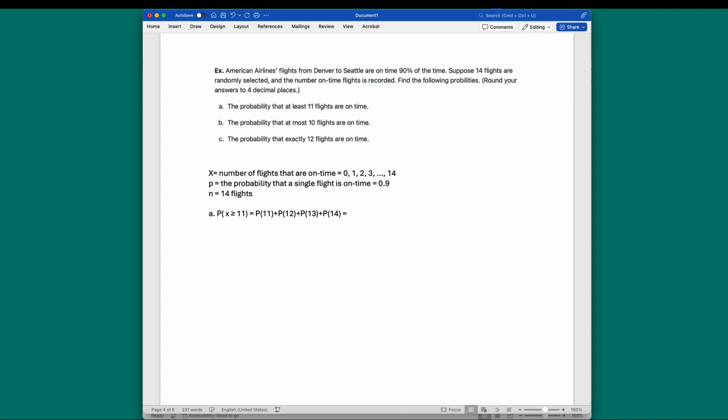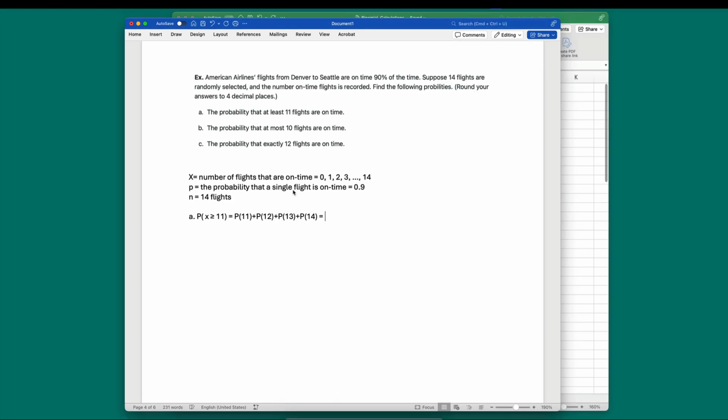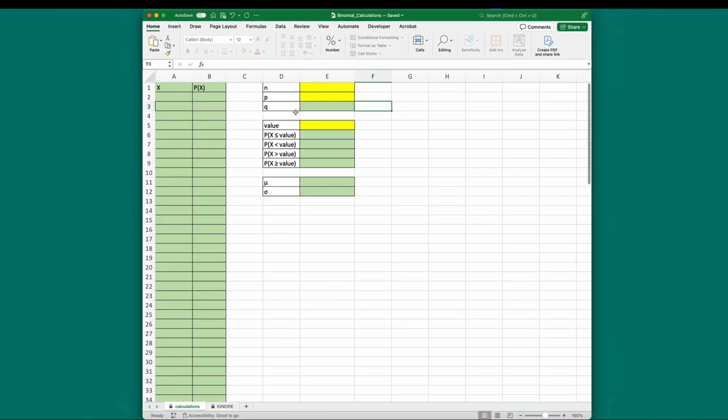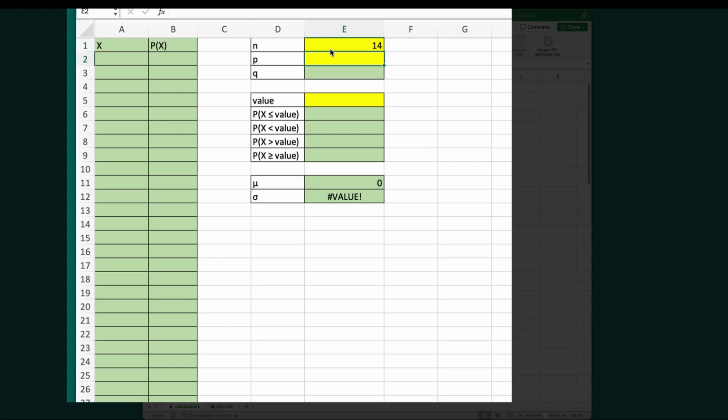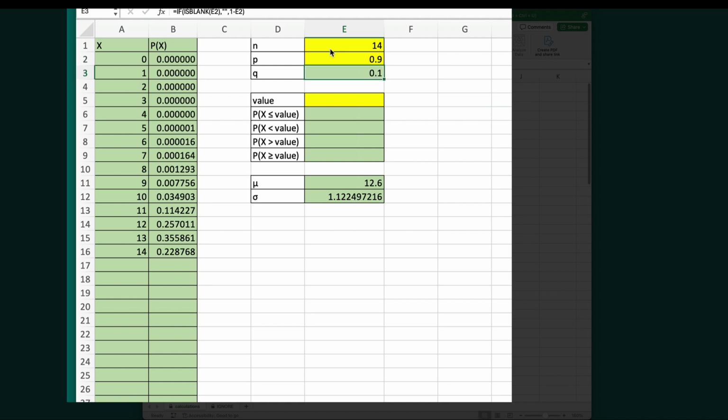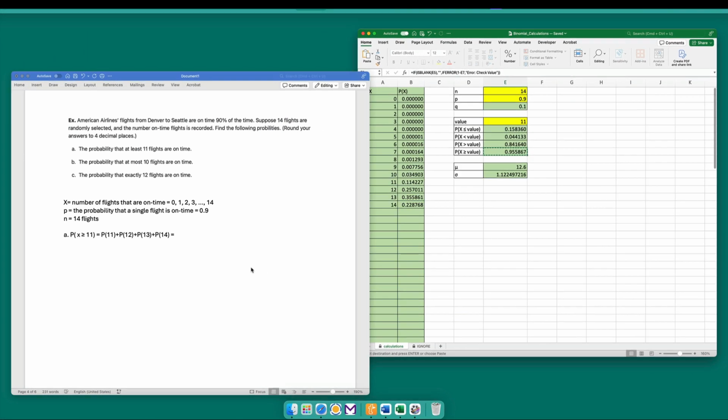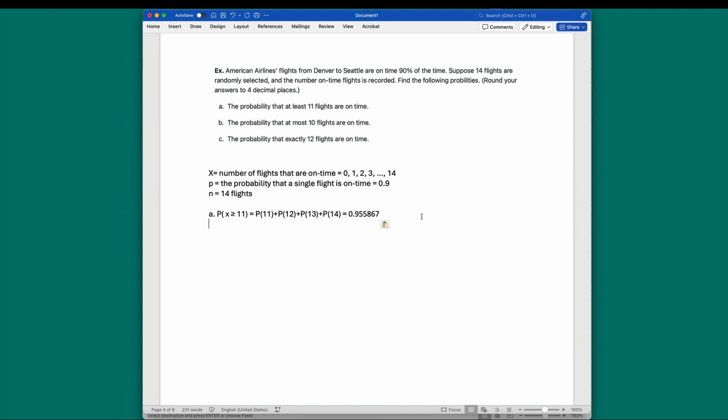To do this problem, we could use our calculator by first specifying that there are 14 flights. The probability of a single flight being on time is 0.9. Since we're looking for at least 11 flights being on time, we will specify 11 there and use cell E9 to get this probability.